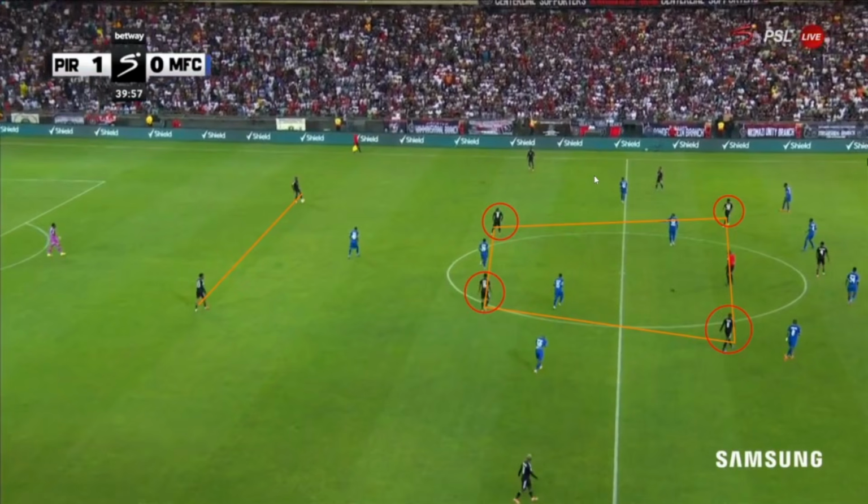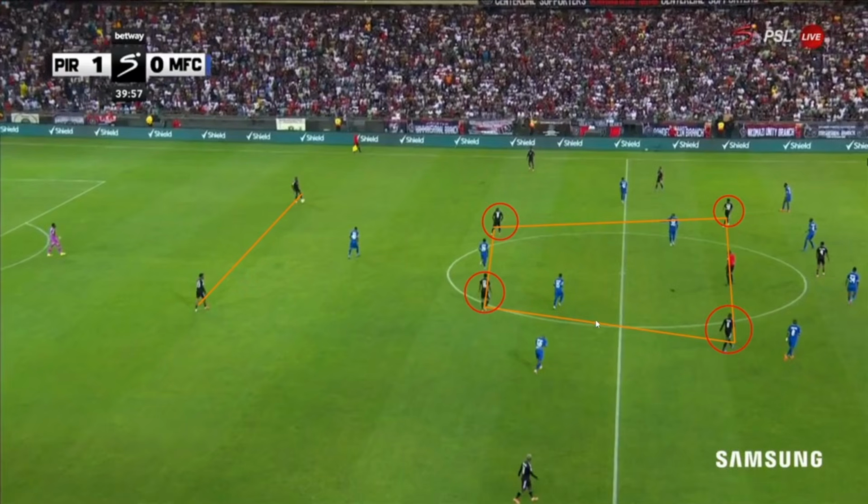Onto another action of the match. Here we're trying to explain how Pirates structure, and in the structure we can see they're building up with two center backs, and the full backs are in line with the double pivot, and you can see they have a box midfield in the center.